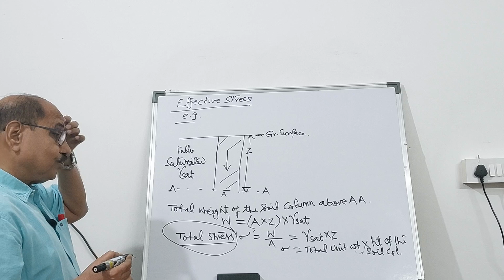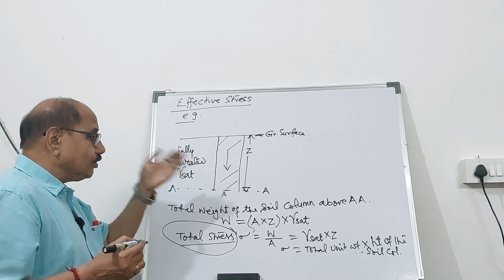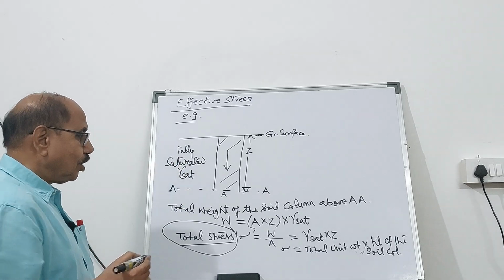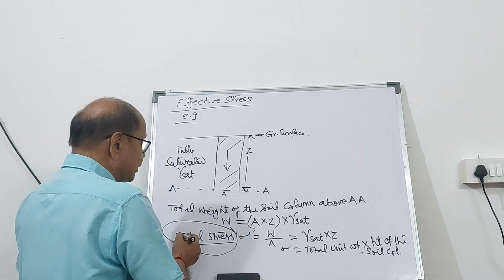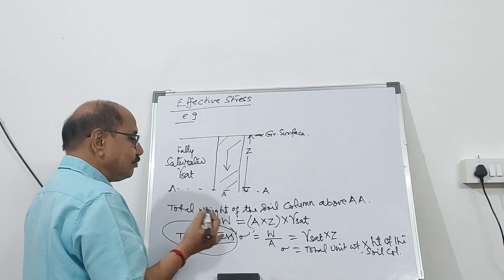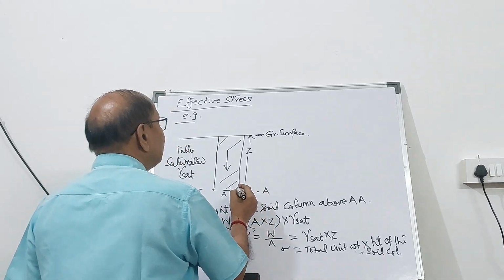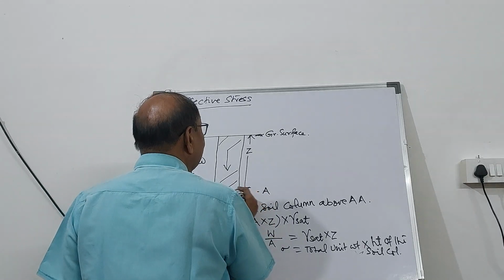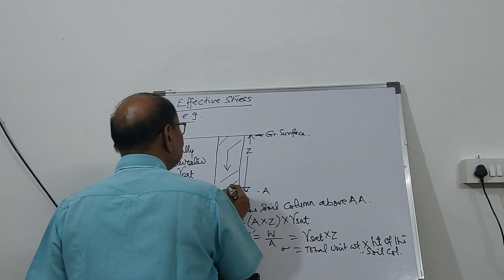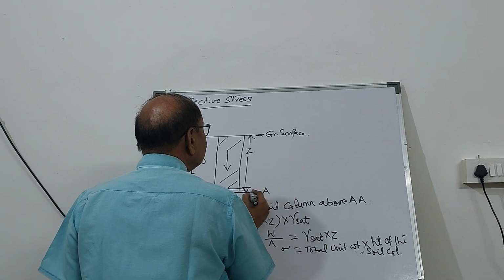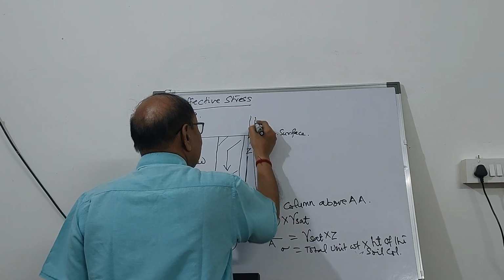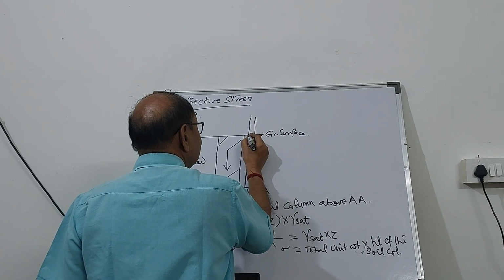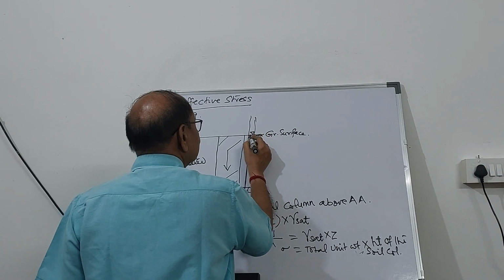But you know that the shearing strength of the soil mass is a function of effective stress and not total stress. So what is that effective stress? Now if I insert a piezometric tube at this point A, then because the soil is fully saturated, the water will rise up to the ground surface.